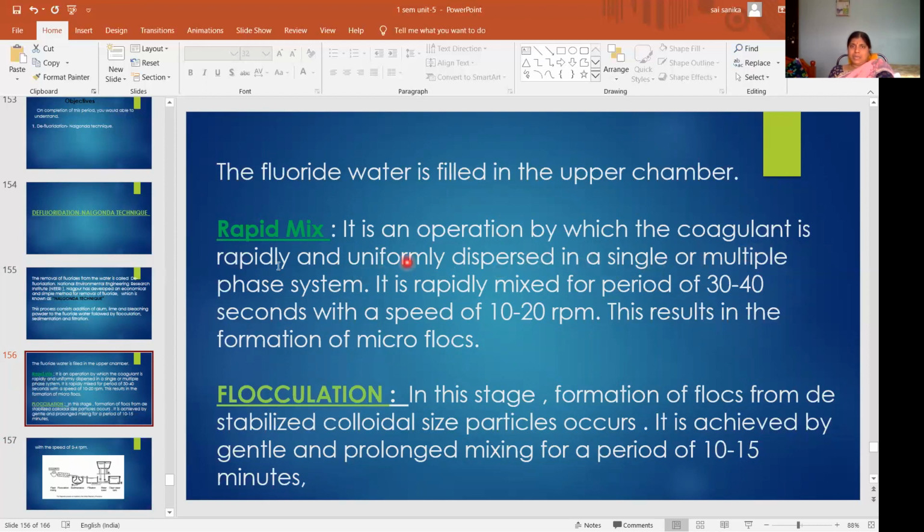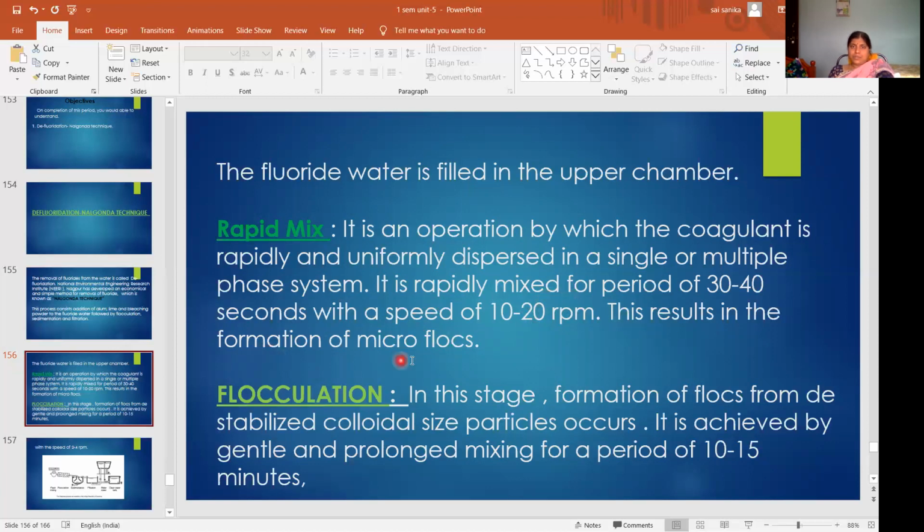It is rapidly mixed for a period of 30 to 40 seconds with a speed of 10 to 20 rotations per minute.